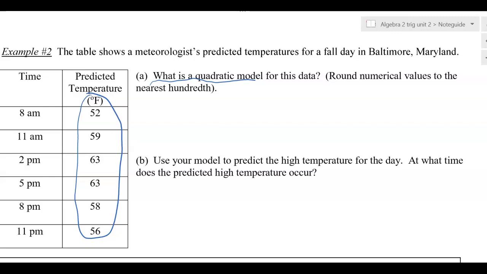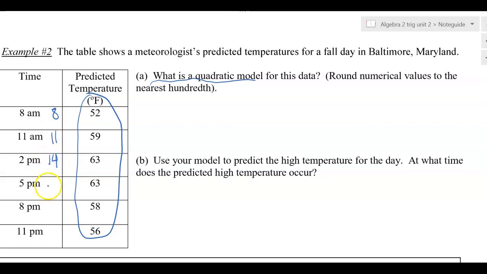Good. The calculator can't account for AM and PM, so when you type those 8s and 11s, it's just going to plot points at the same place thinking those are the same time. All right, so we're actually going to use like a military time or a 24-hour clock, which means midnight is usually your like 0. So 8 a.m. is 8 hours after 0, 11 a.m. is 11 hours, but what would 2 p.m. be? 14, good.